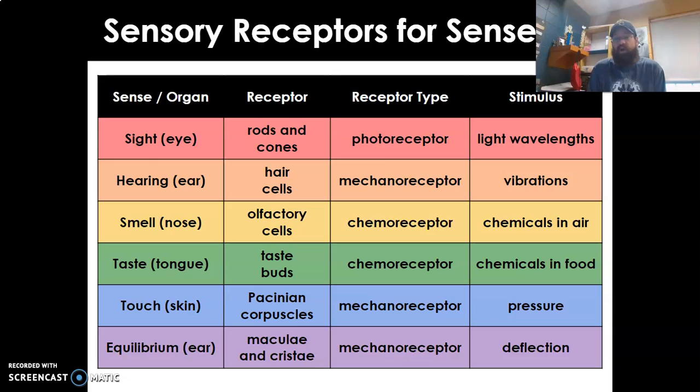Here's just another chart of what we went over there. I like to show different ways of seeing things. With sight, we have rods and cones. These are photoreceptors. The stimulation of the rods and cones is by light wavelengths. Hearing, and you can read all of this. I just wanted to give you some overview.